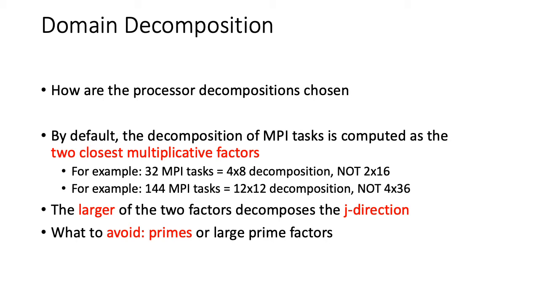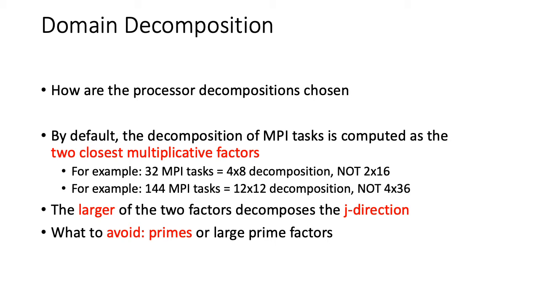So now that we know how many processors we can be interested in with a little bit of arm waving, the way that those processor decompositions are generated is important.